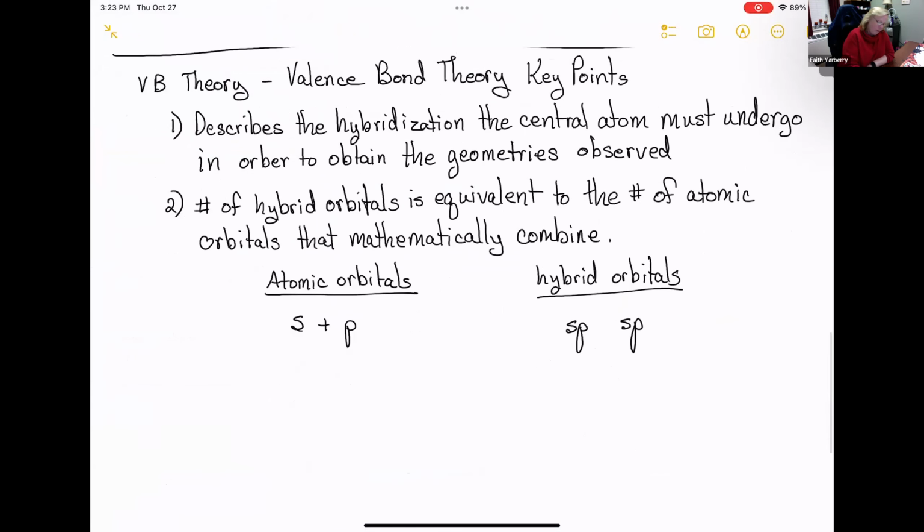If I put in one S and two P's, that means I'm going to get out three hybrid orbitals that are called sp2 hybrids.